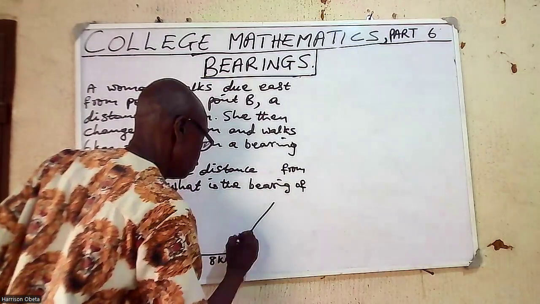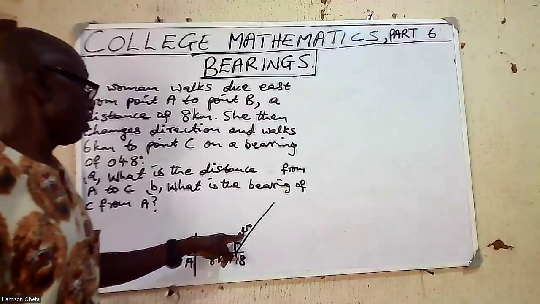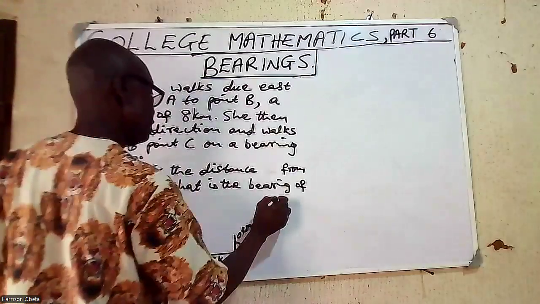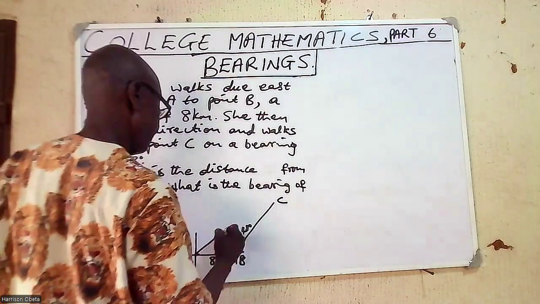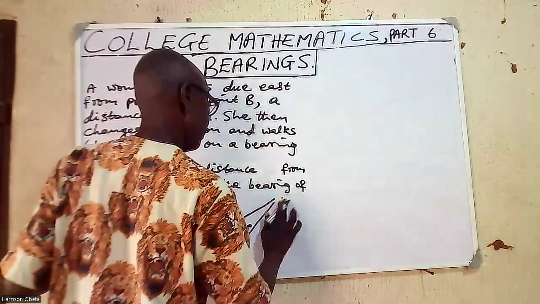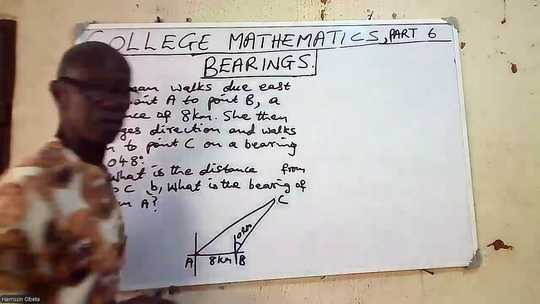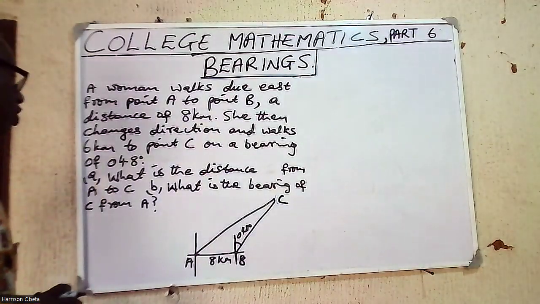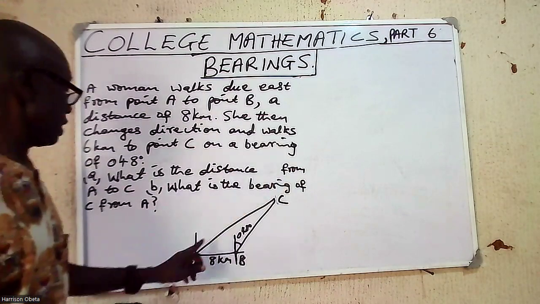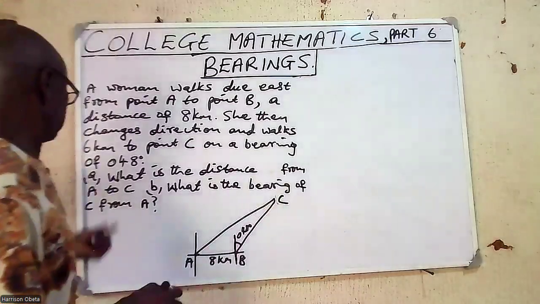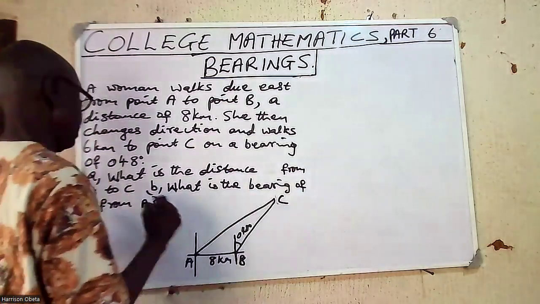This is the bearing, 048 degrees. So let us take this to be point C. So that's what we are looking for: the distance from A to C, and then the bearing of C from A.